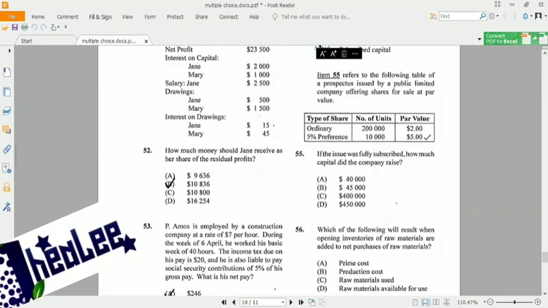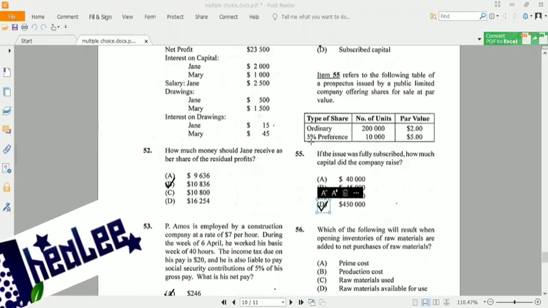So in total, that would give us 450,000. Your total ordinary share capital plus your total preference share capital gives you the total value of capital the business would generate if all the shares are sold. When it says fully subscribed, it means if they have sold everything, how much money they would have generated.